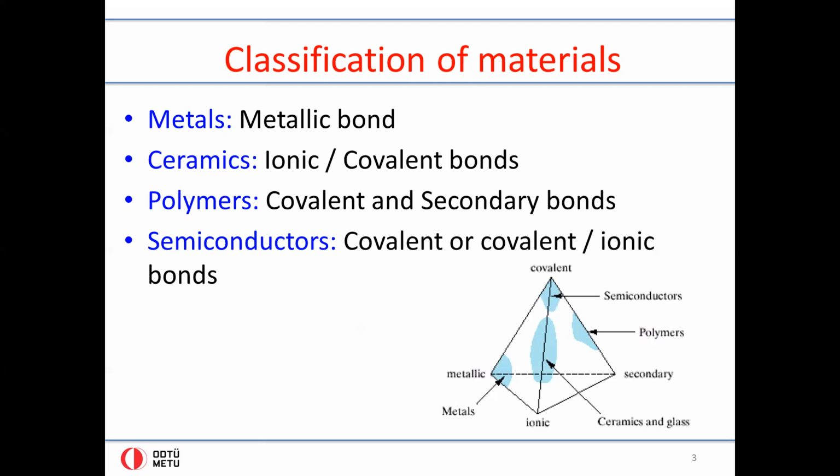Hence, ceramics are able to break, but they are rather hard or rather strong. Metals are strong or hard, but they don't tend to break, but rather they tend to bend or they tend to change their shapes when they are forced.